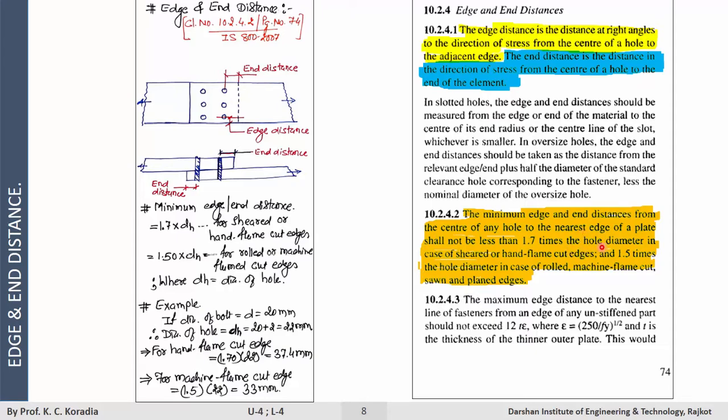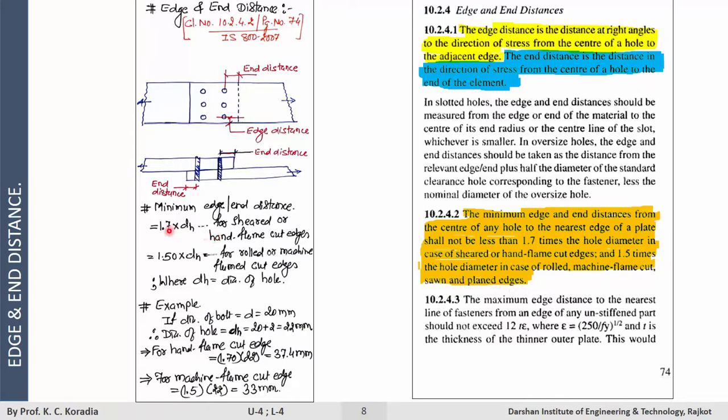Mind well, this is the hole diameter and not the bolt diameter, in the case of sheared or hand flame cut edges, and 1.5 times the hole diameter in the case of bolted machine flame cut, sawn and planed edges.